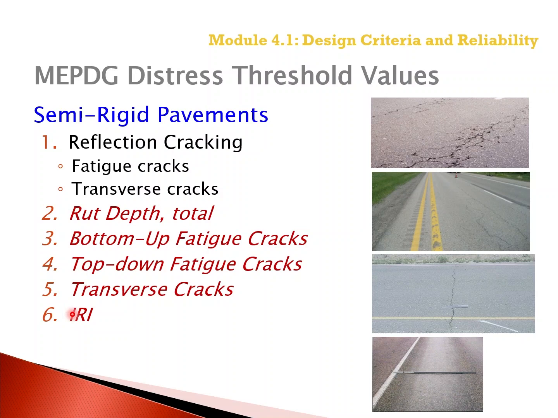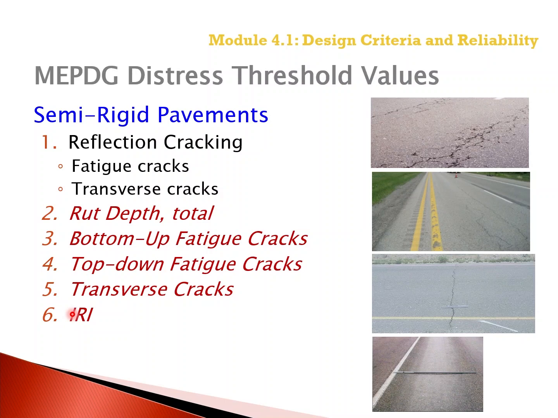Also, what we did not show is the rut depth in the asphalt layer only. The reason for that: the manual of practice recommends that the total rut depth be used as the design criteria, because what we see and measure at the surface is the rut depth from all layers combined.